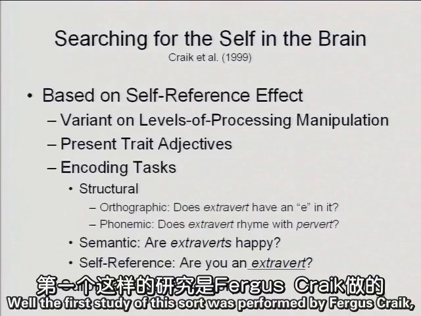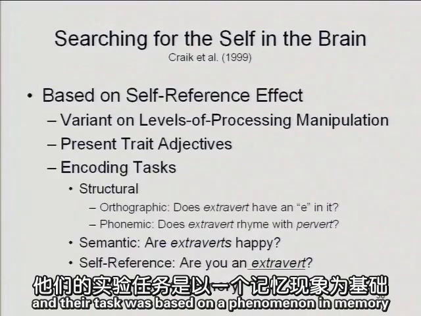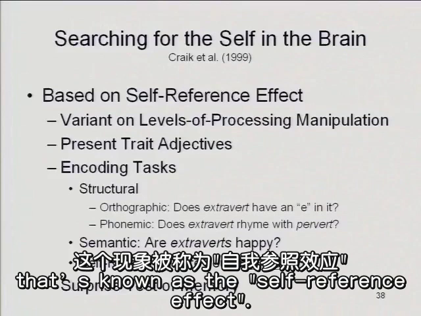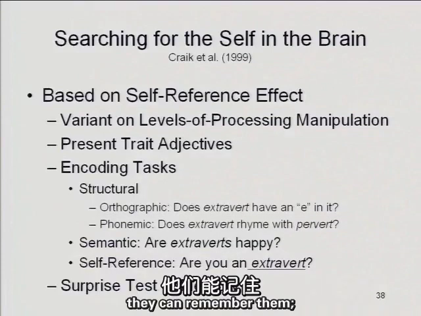Well, the first study of this sort was performed by Fergus Craik, a Canadian psychologist, and his colleagues in the late 1990s, and their task was based on a phenomenon in memory that's known as the self-reference effect. It turns out that when you present words to subjects and ask them to remember them, they can remember them.